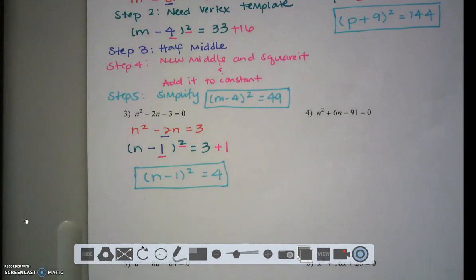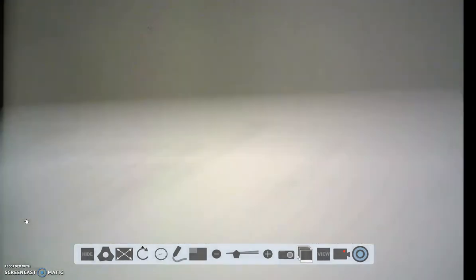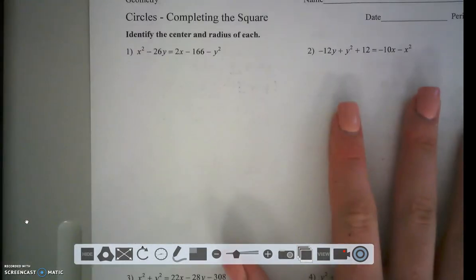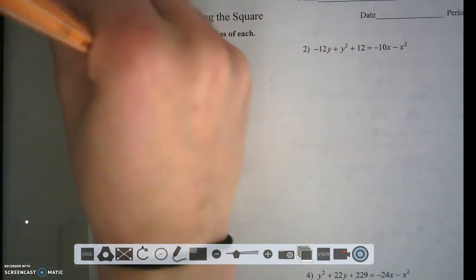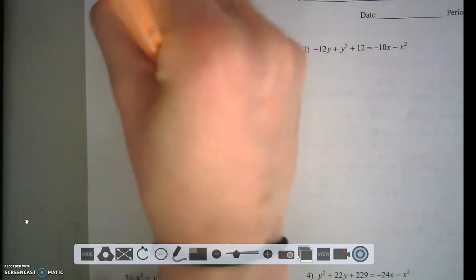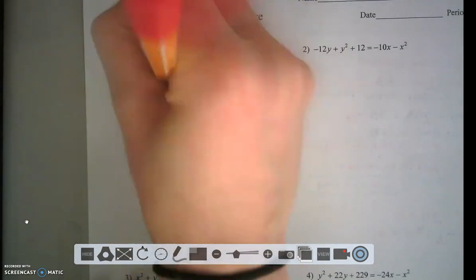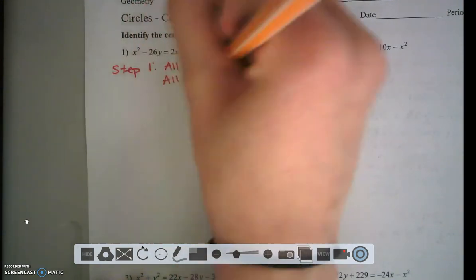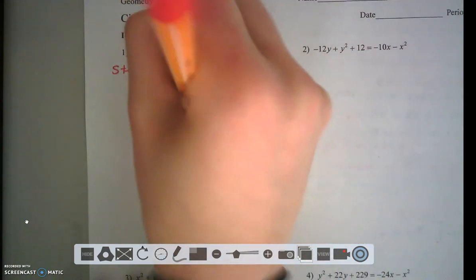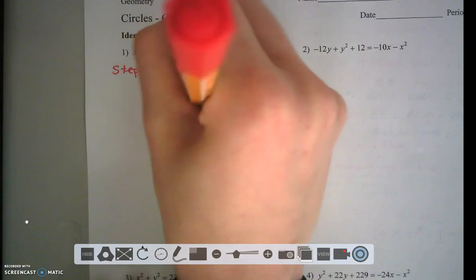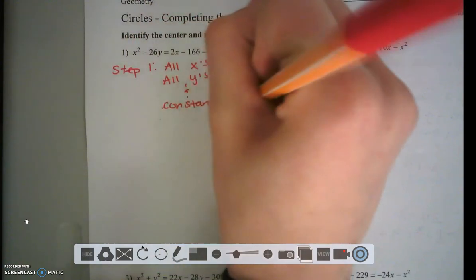So flip this over onto the back. Okay. Circles. So we're going to use this completing the square when we're going in between forms. The first thing I need is all x's, all y's together, and we need the constant on the other side.